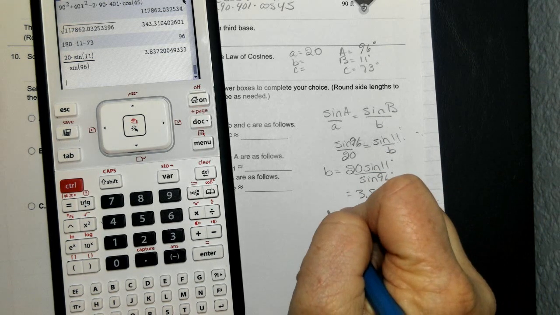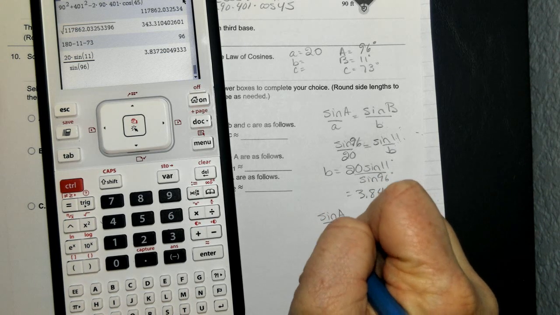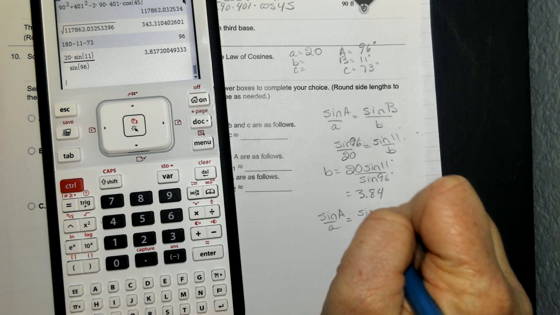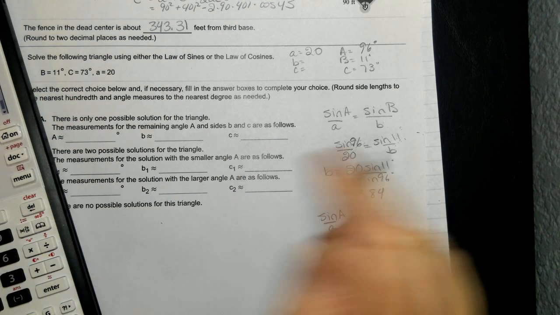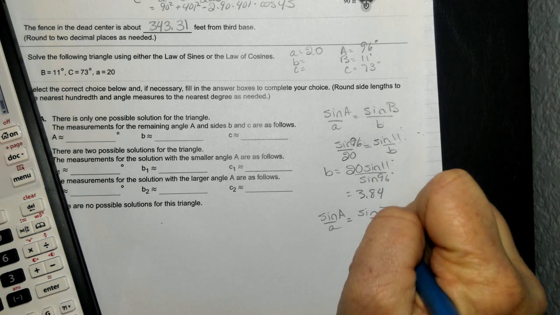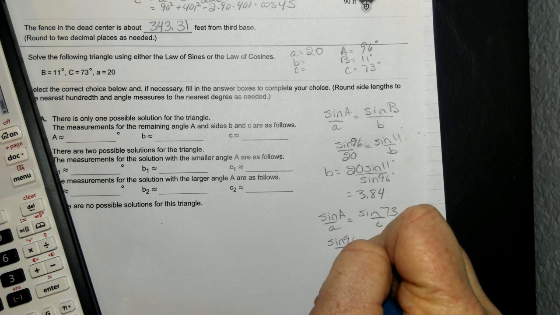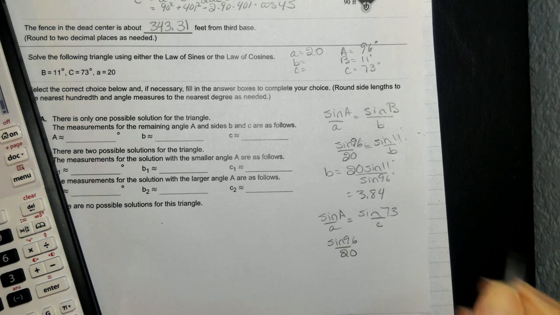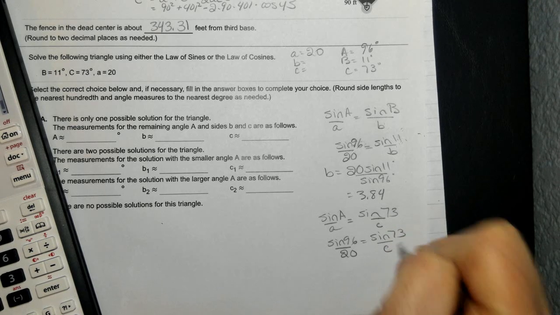So now we can do the same thing with C. Sine A over a equals sine C over c, so we have sine 96 over 20 equals sine 73 over c.